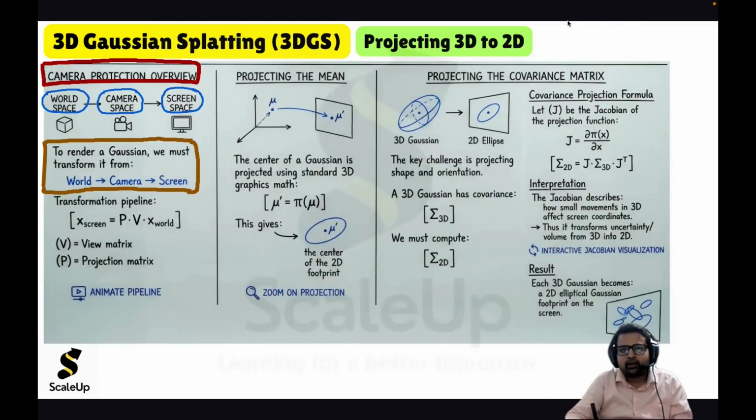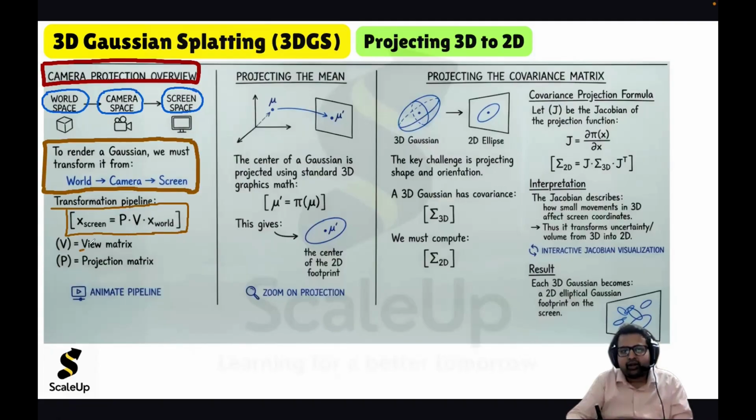Mathematically, the transformation pipeline will be something like this. X screen is equal to P into V into X world. X world is like the 3D Gaussians in the world space. We are multiplying it with the view matrix. View matrix means it will filter, or consider only the 3D Gaussians which can become part of the screen.